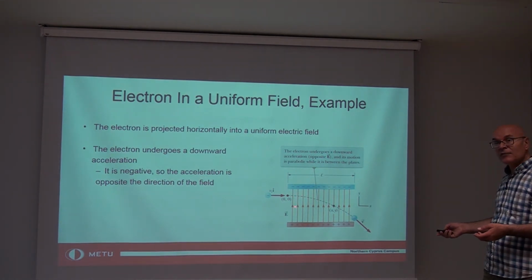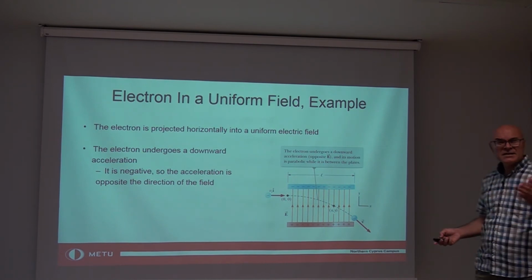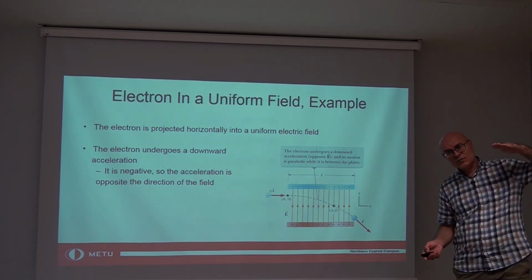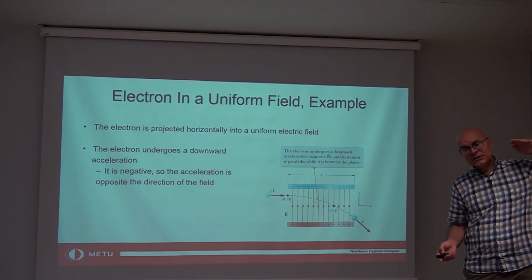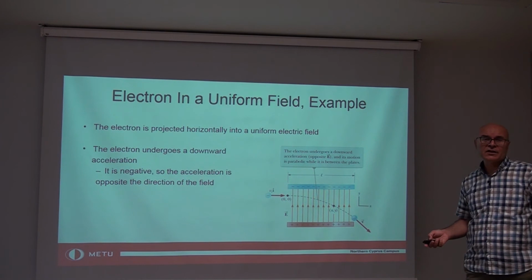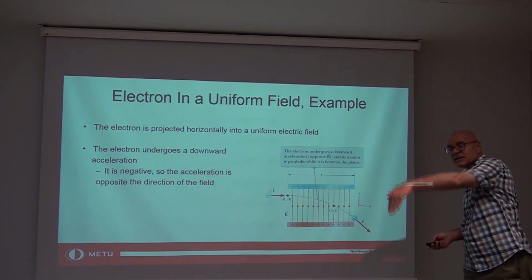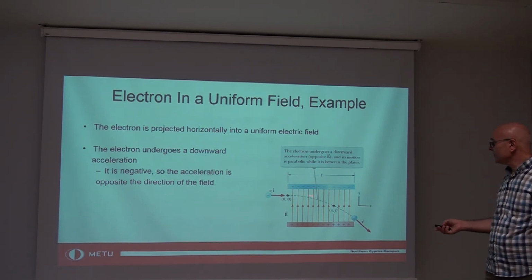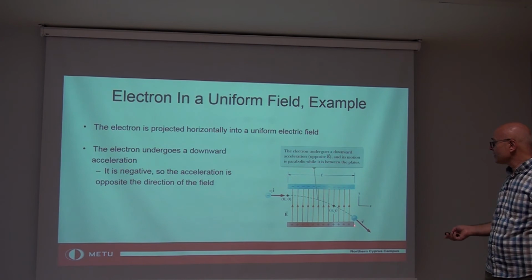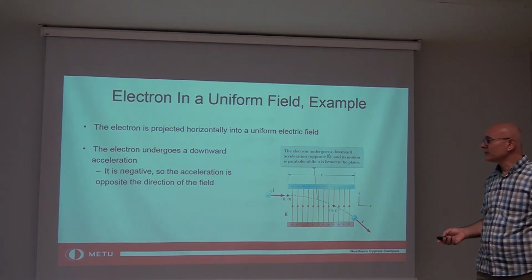It will accelerate downwards, and it will move like a parabola. This is exactly like what you have when you project an object horizontally in the gravitational field of the Earth near the surface, where you will have this parabolic trajectory, and this is how it will move.